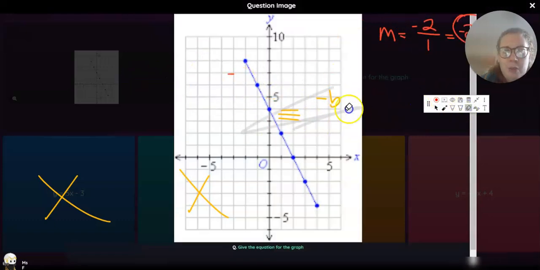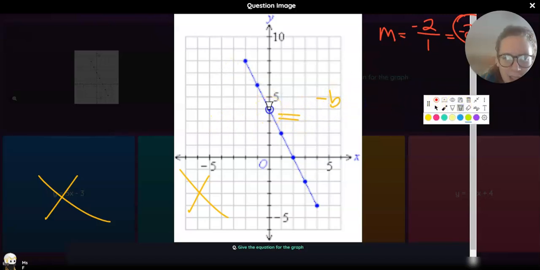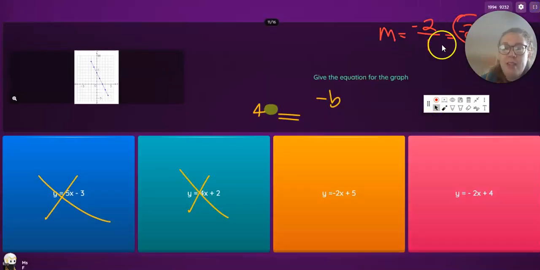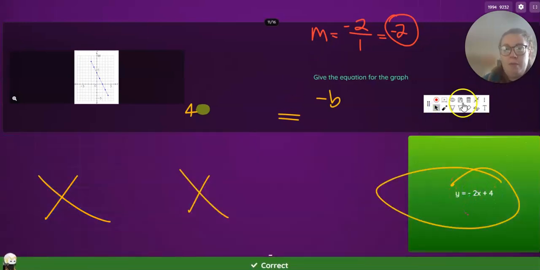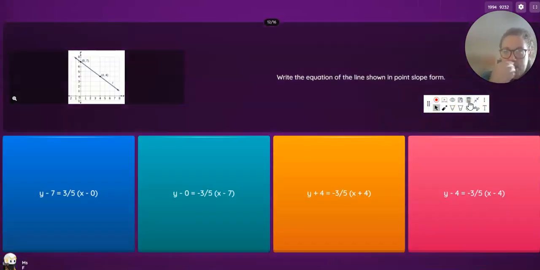Now, this graph crosses the y-axis at this point, which is 4. So our full equation is going to be y equals negative 2x plus 4. Beautiful. So that was kind of using the form that we learned last week, slope-intercept form, just reviewing that.